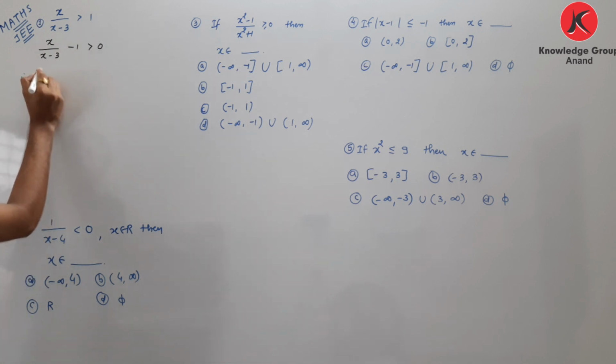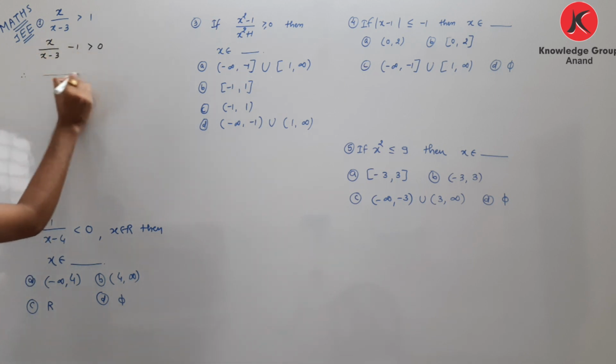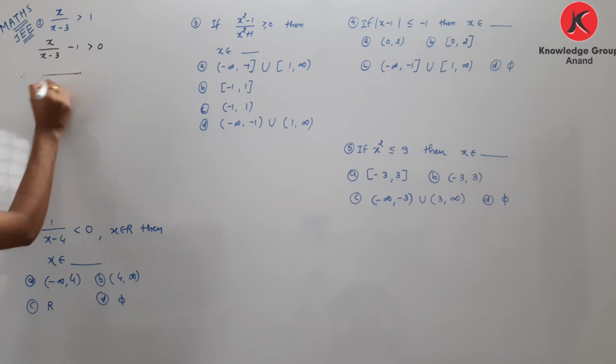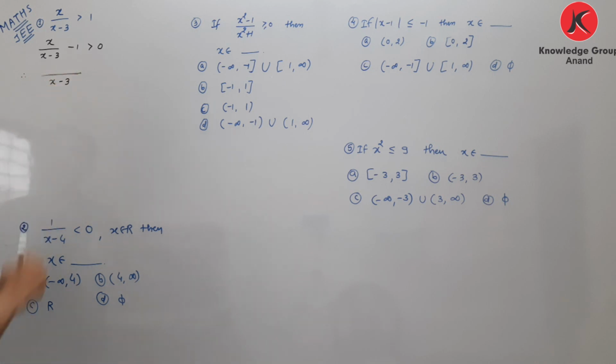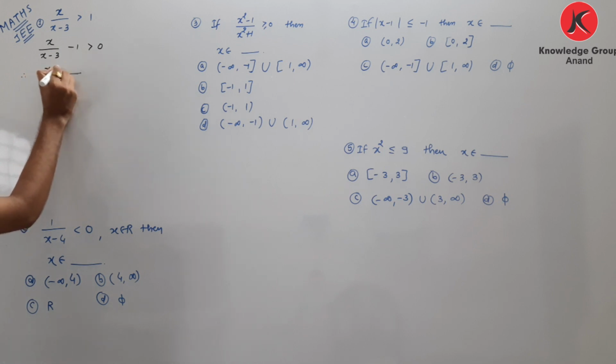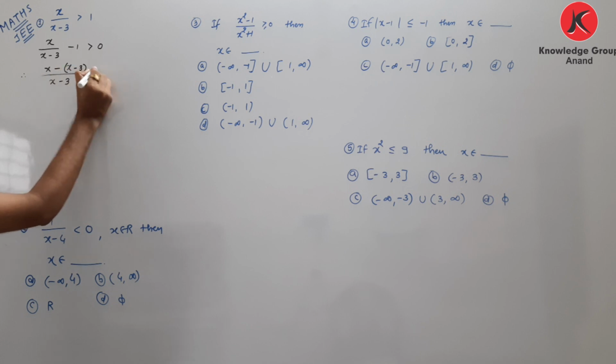Now, take the LCM. On the left hand side alone you can do anything, but you can't multiply on both sides. Okay, so x minus 3 is your LCM. Now simplify this. We are getting x minus of x minus 3 greater than 0. Clear?